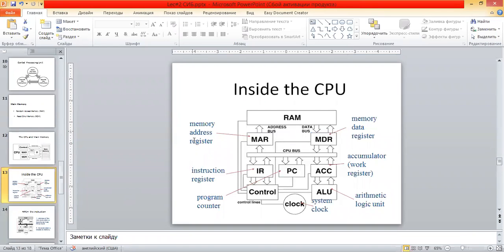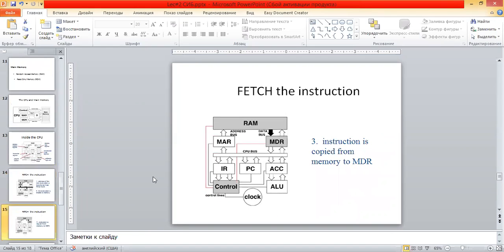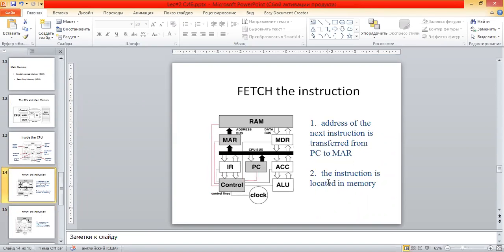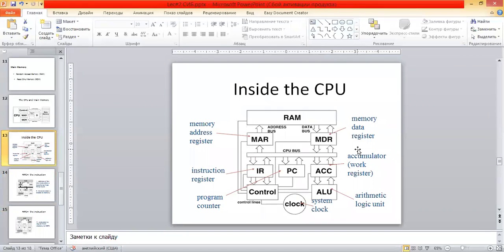MAR here is the memory address register, where the instruction is located in memory. Then the instruction is located in memory, and the instruction is copied from memory to the MDR. MDR is here, the memory data register.